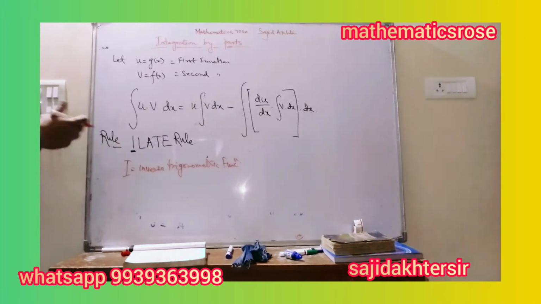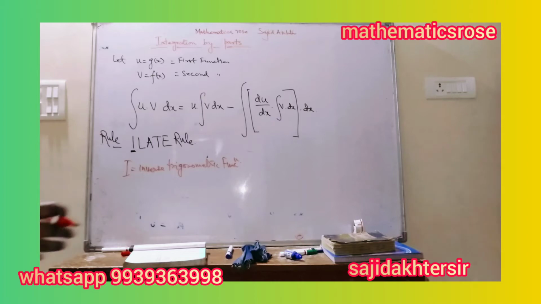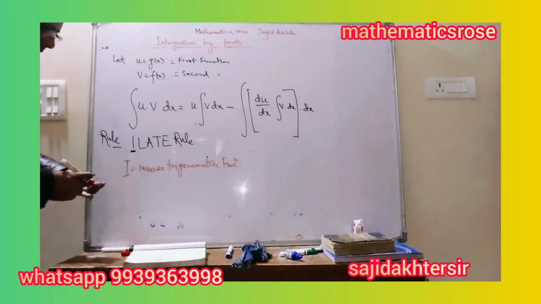If an inverse trigonometric function is coming in the product of the two functions in integration by parts, then we have to take it as the first function.